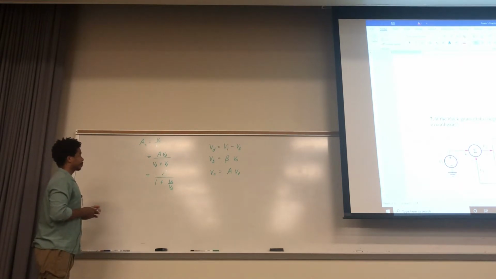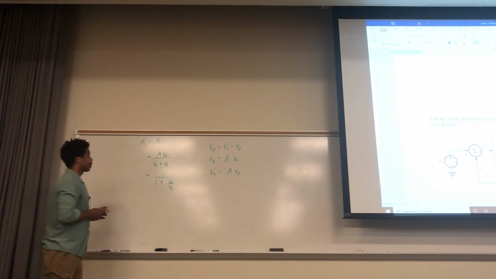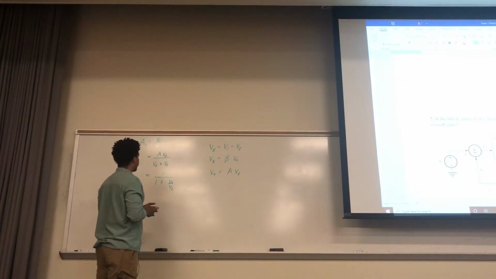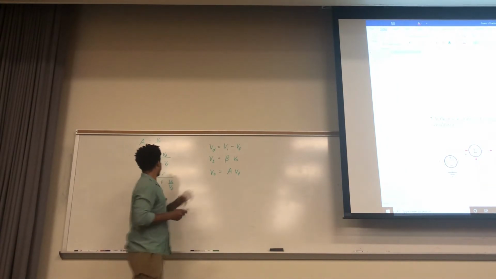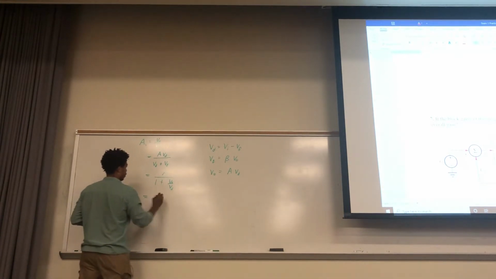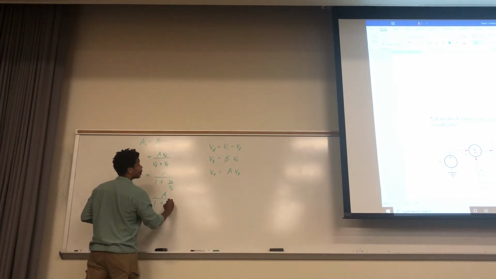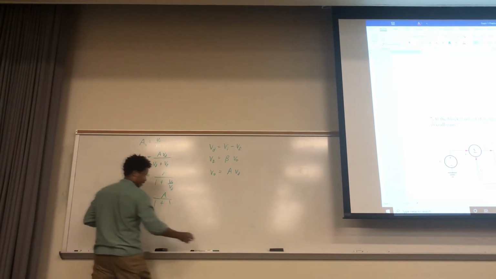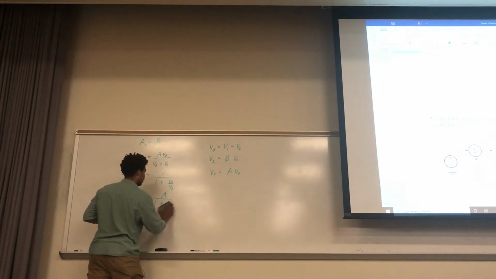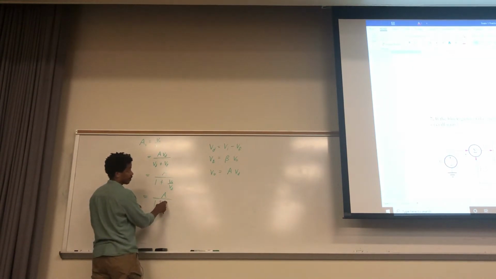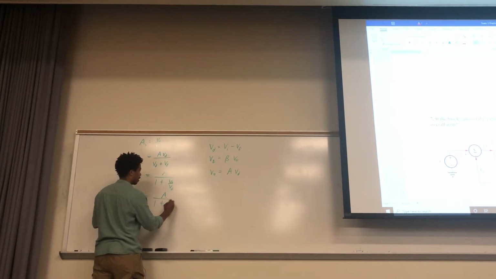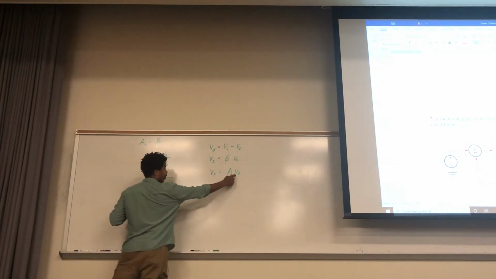And what else can we do? How about we do this? Okay, so look at this. So Vf, the numerator here, Vf is beta times Vo, and Vd is right here.